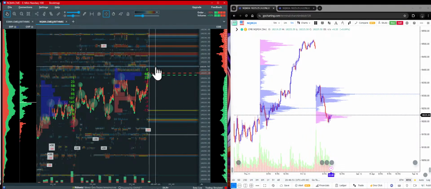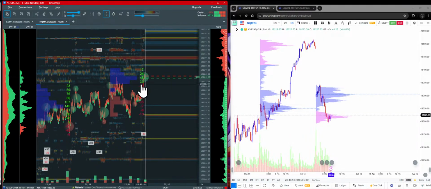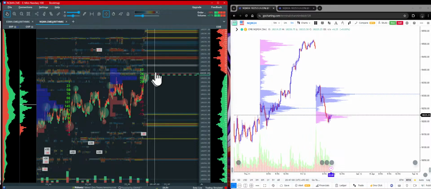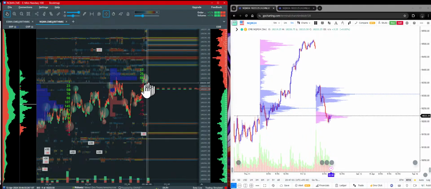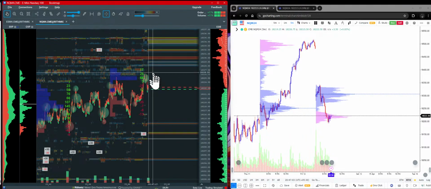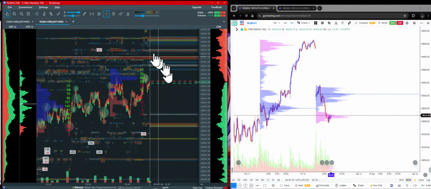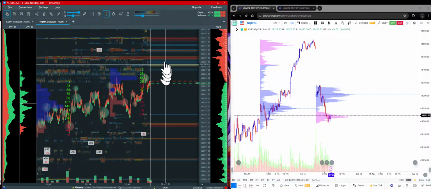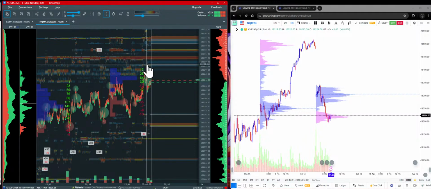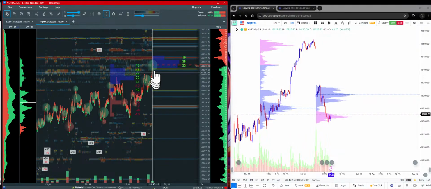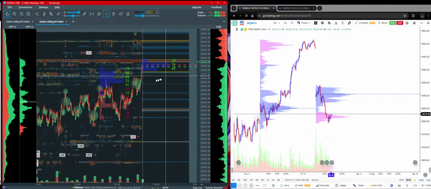Let's see if we get to see what I want. It goes up and starts hovering around here, and then I see something like this in this area: a seller trying to step in but failing, and then I enter my long in this area, because I'm expecting a breakout. So for example, I'm not going to enter now.